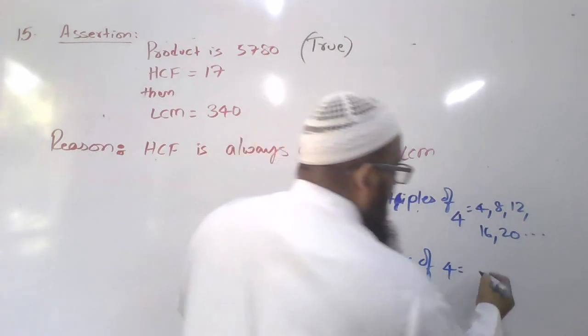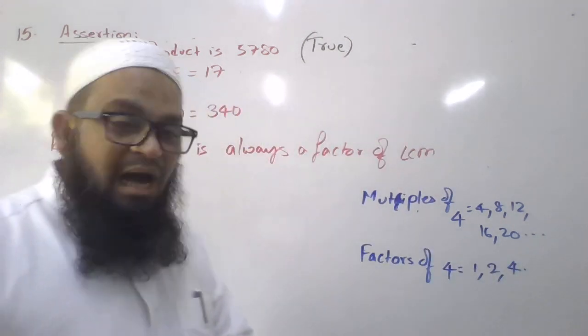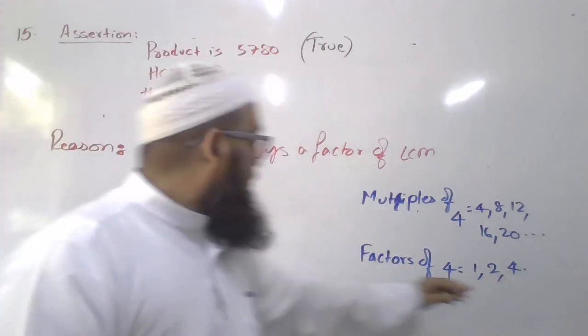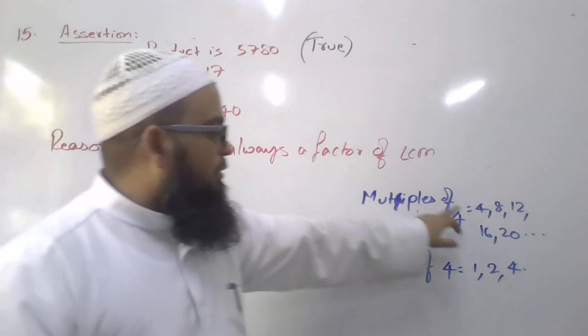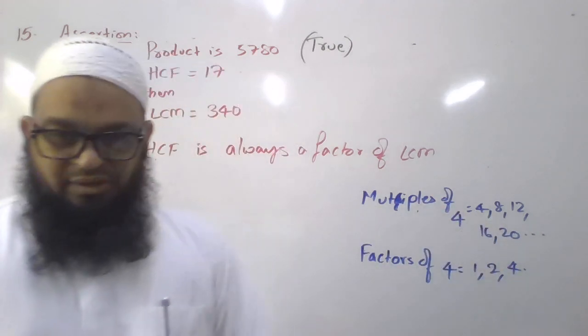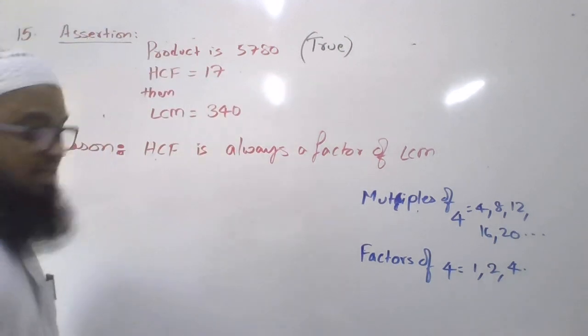What are the factors of 4? 1, 2, 4. Is that right? So now, what is the highest common factor? 4. And what is the least common multiple? 4. Is 4 a factor of 4? Yes, sir. Obviously, it is true, sir. So therefore, the reason is also true.